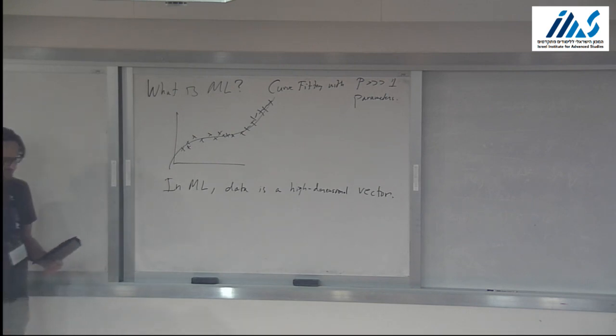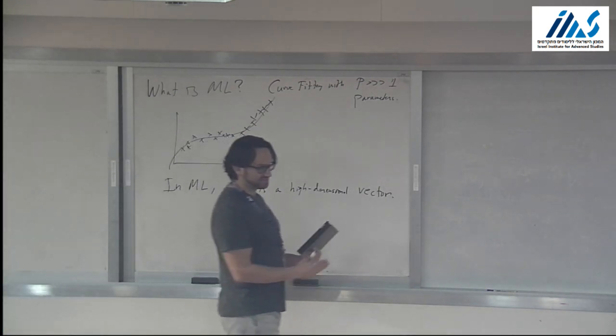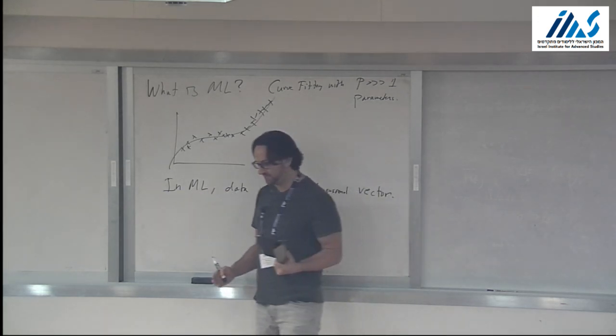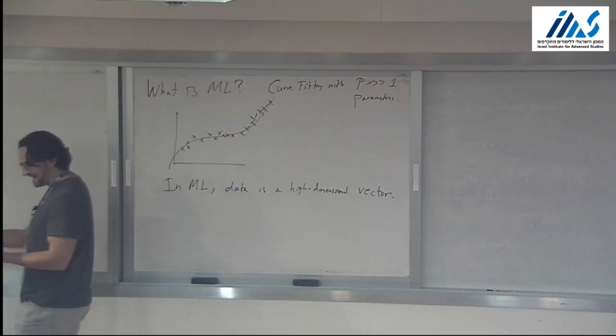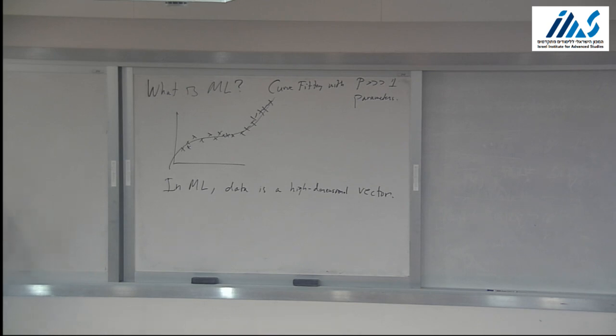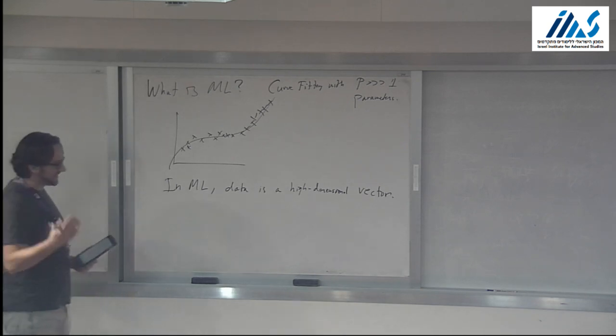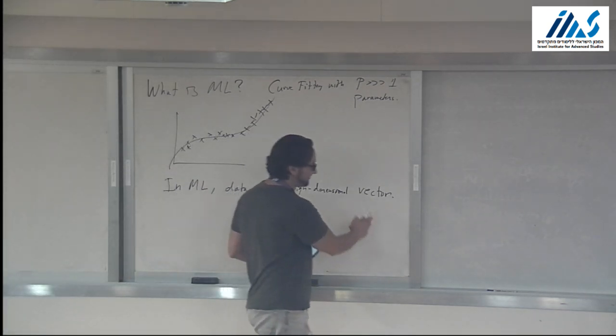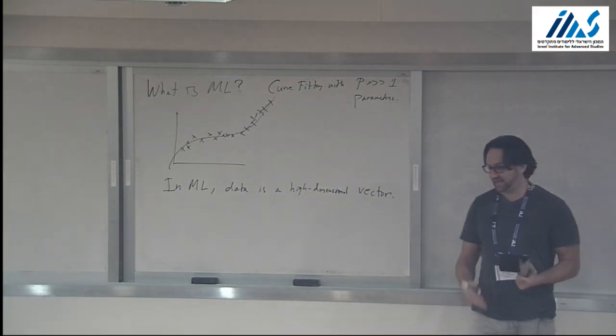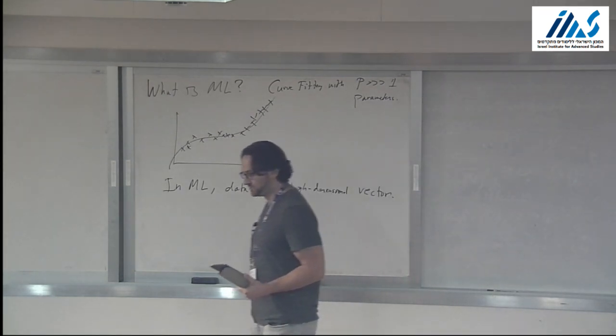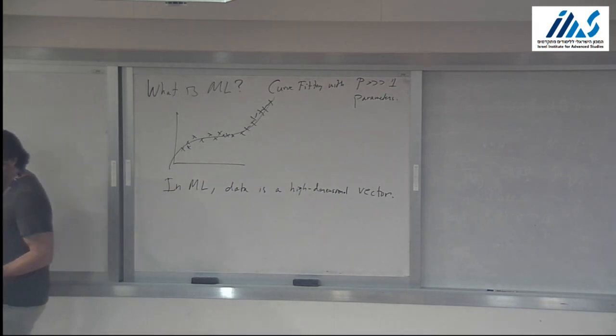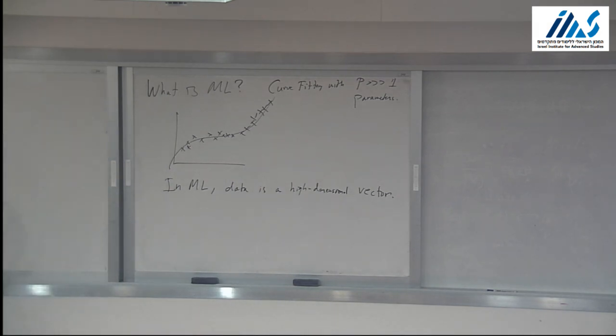And you have a different vector for every word. And so then your sentence, if it has 20 words in it, is a concatenation of 20 1,000 dimensional vectors. So that's one example of data. Another even more obvious example is if you have an image, it has some number of pixels. If you have a tiny thumbnail, which is 32 by 32, then you have 32 times 32 different pixels.